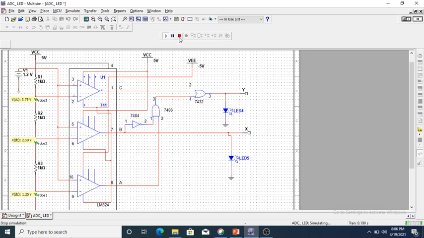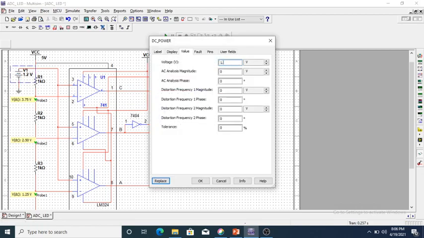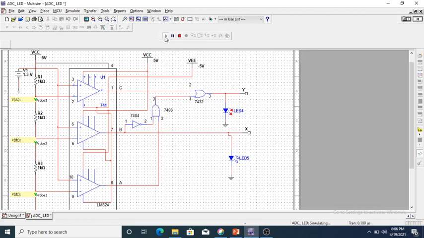Now if my input is greater than 1.25, let us say 1.3 volt, then we will get Y is 1 and X is 0, that is 0, 1.